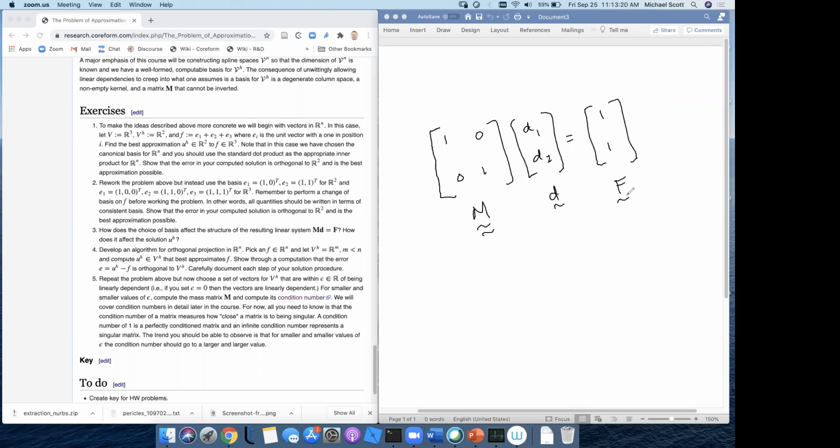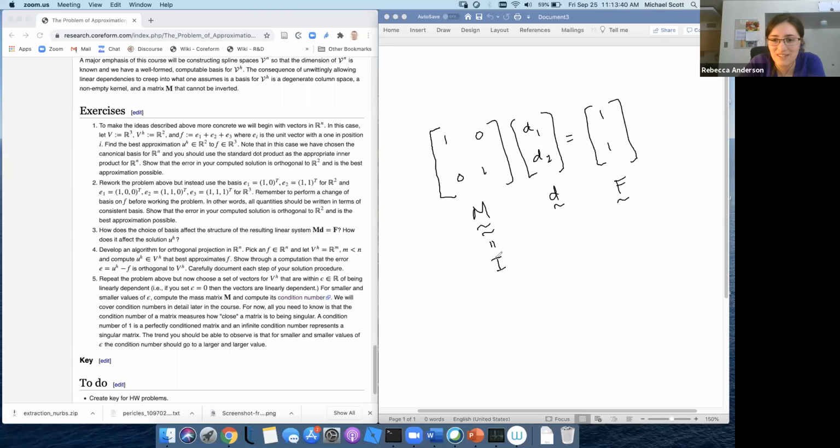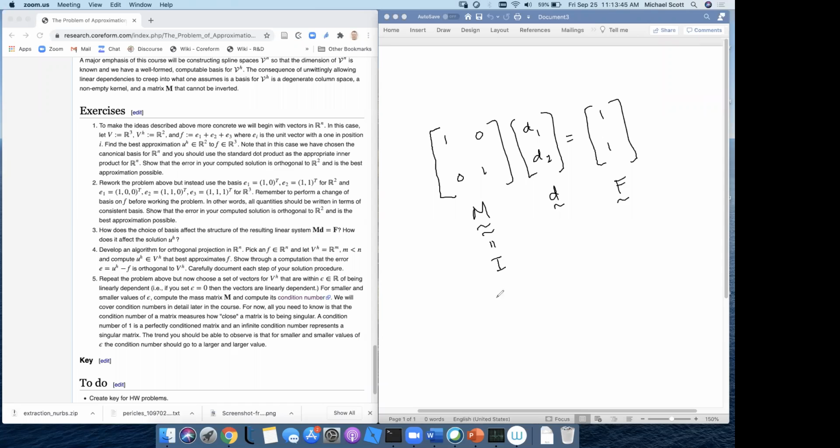This is the easiest possible problem that I could think of for this projection idea, because you've got an orthonormal basis, you're in R2. So the mass matrix becomes the identity, and the inverse of the identity is just the identity. Essentially that implies that D1 is equal to 1 and D2 is equal to 1.